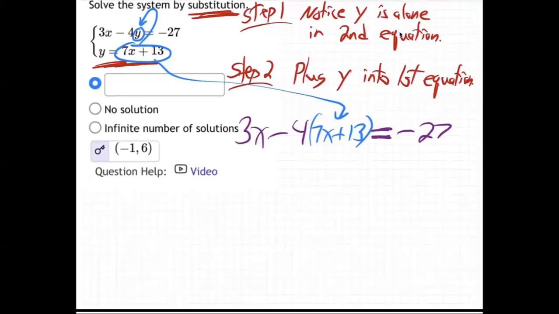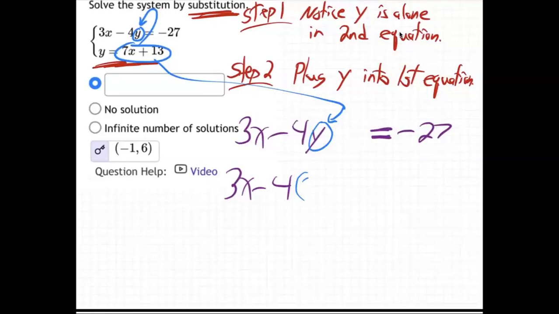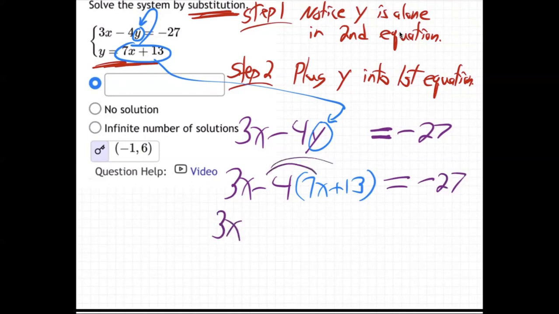In fact, it'd probably be better if I did it in two steps. Let me just do it a little more slowly. Just want to make this super clear. So at first, this is 4y. And so then I go 3x minus 4, and then right there in the place of y, I put 7x plus 13. Okay, now what comes next? Distribute that minus 4.